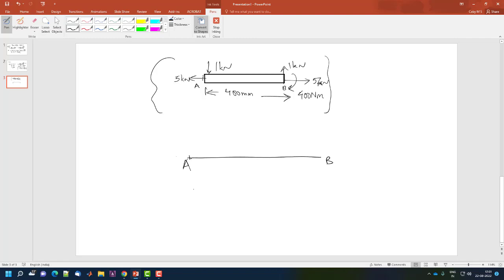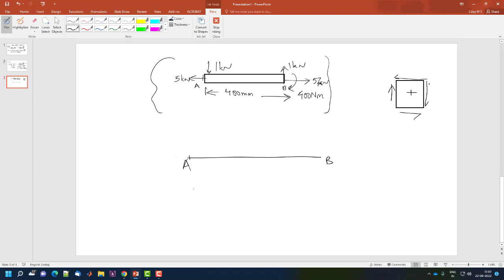So I'm considering how I'm going to consider the positive and negative shear forces. This is considered to be positive.